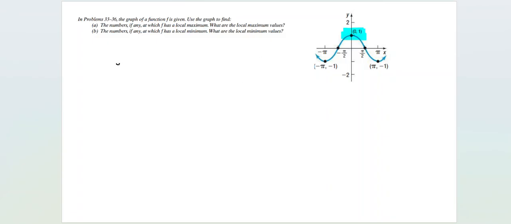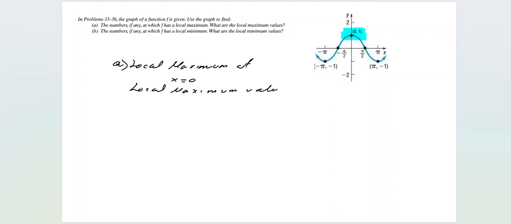So local maximum at x equals 0, and local maximum value is y equals 1.